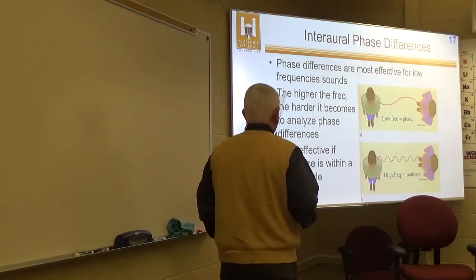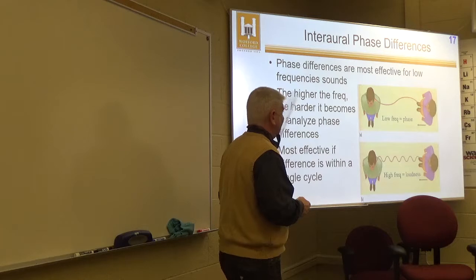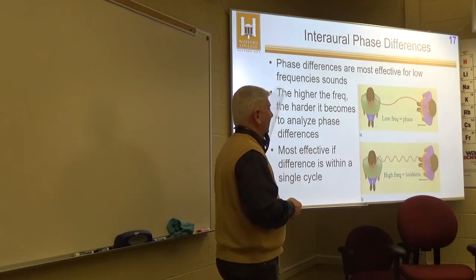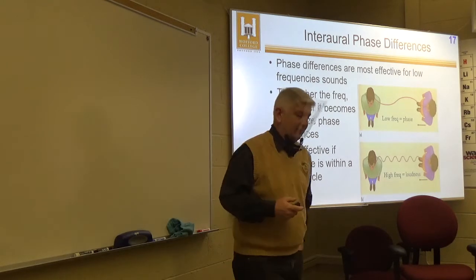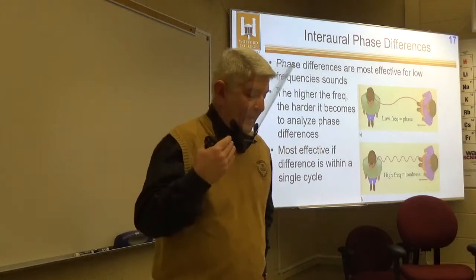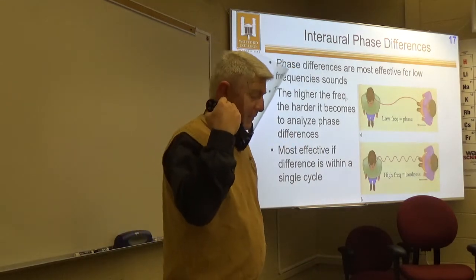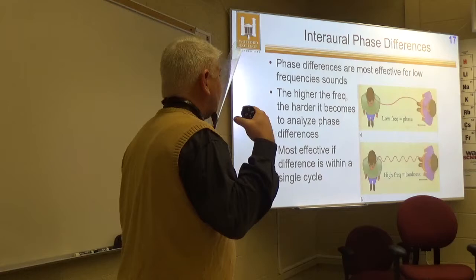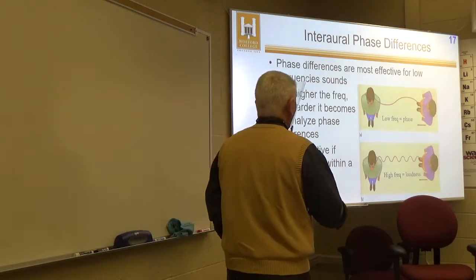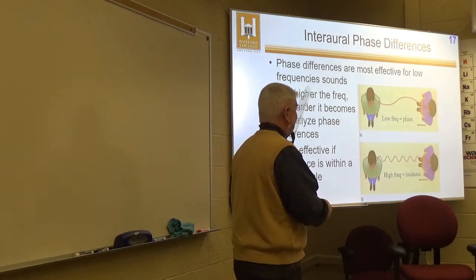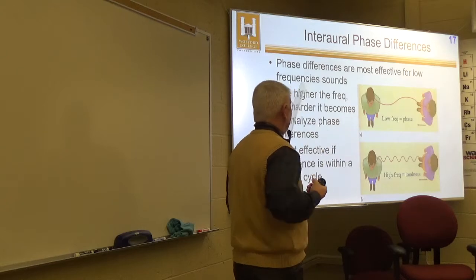All right. So it's most effective if it's within a single wavelength of less than 600 microseconds to go through. And obviously that matters if it's not directly at 90 degrees, right? If we're at less of an angle there.